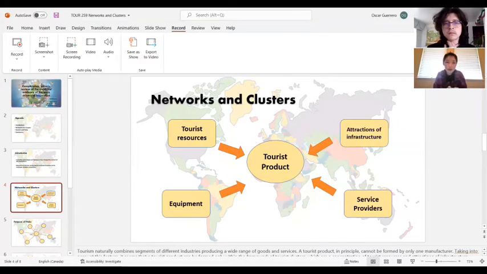So taking into account this feature, it seems that a tourist product can be formed only within the framework of tourist clusters, which are a concentration of tourist resources and attractions, infrastructure, equipment, service providers, and other supporting sectors, as well as administrative structures that, when working together, create for tourists the experience they would like to get when visiting the territory. Okay, next slide, please.